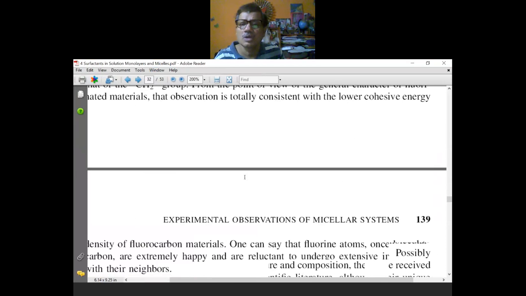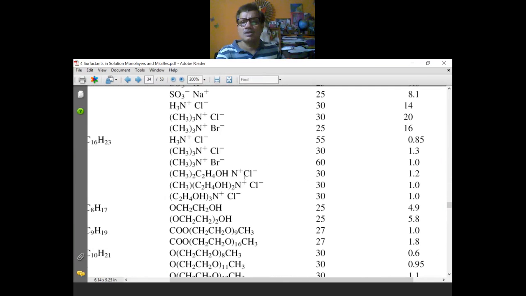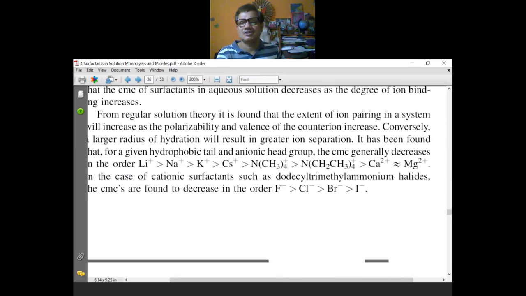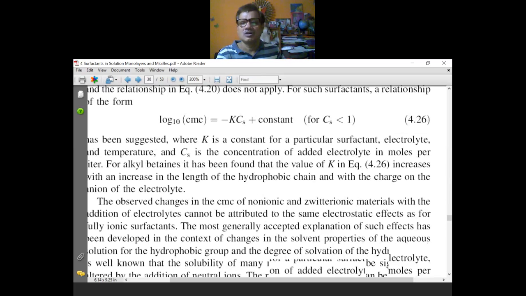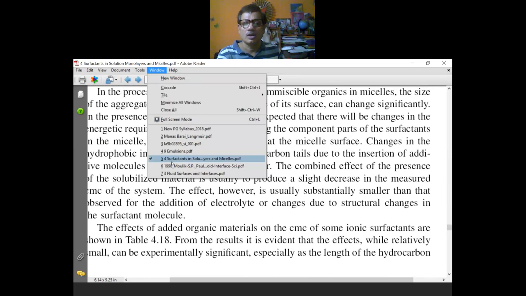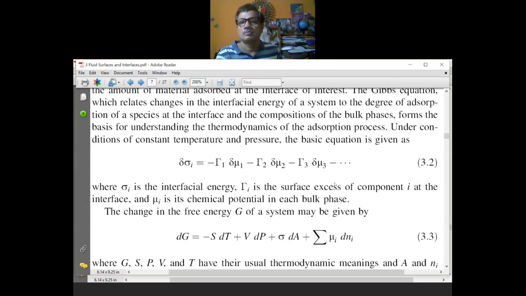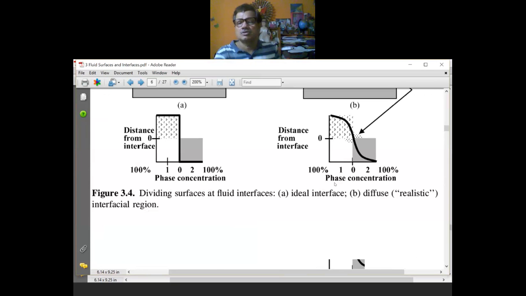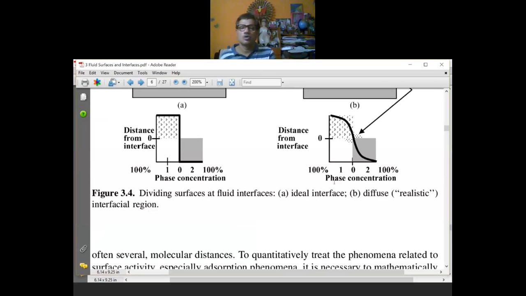Could you recollect how I commented on the structure of the surface? The surface is not very static, rather the surface is a diffused one. Now, when the surface is ideal, there is a sharp boundary.